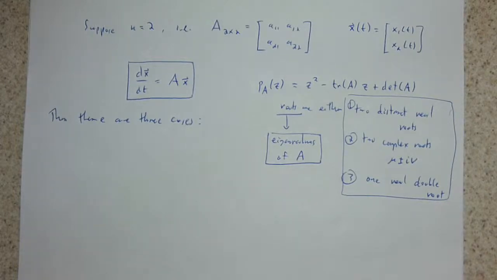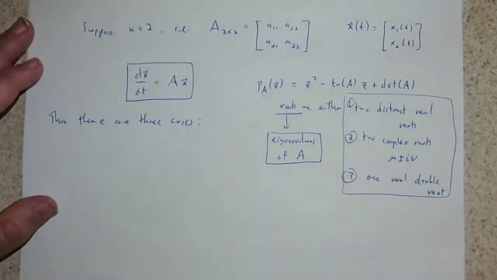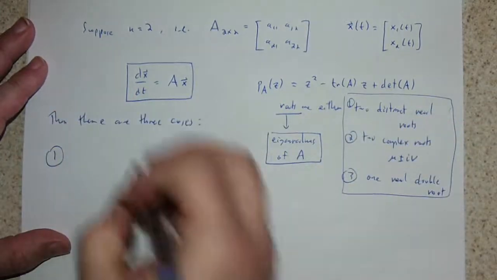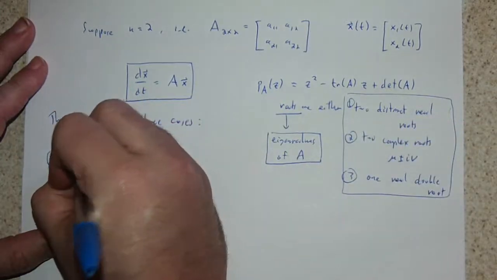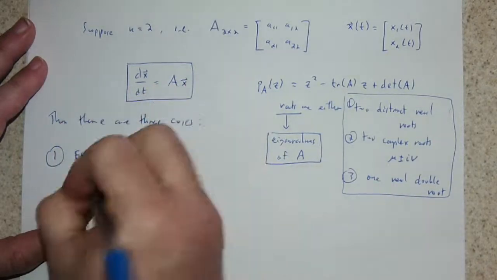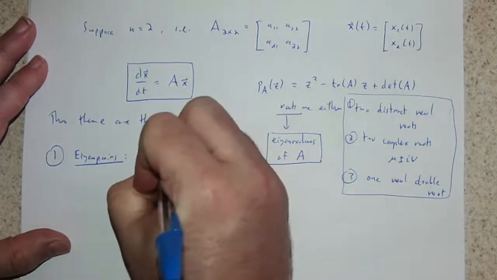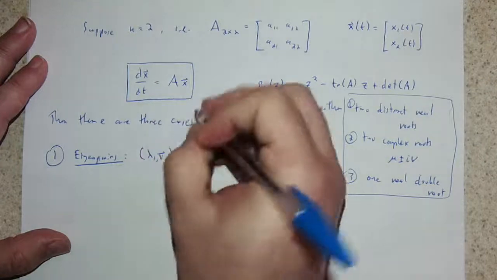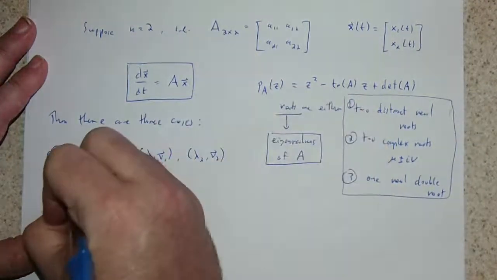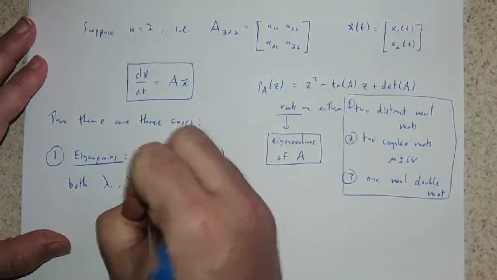So these are my three cases. So let's do case 1. Let's say that I have eigenpairs lambda 1, v1 and lambda 2, v2 with both lambda 1 and lambda 2 real numbers.